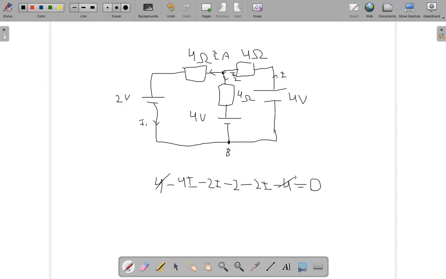We have this 4 that goes off. 4I minus 4I minus 2I minus 2I is minus 8I minus 2 equals 0, giving us a current of minus 1 over 4, which means that it's current flowing in the opposite direction in this case. But that shouldn't be the case.